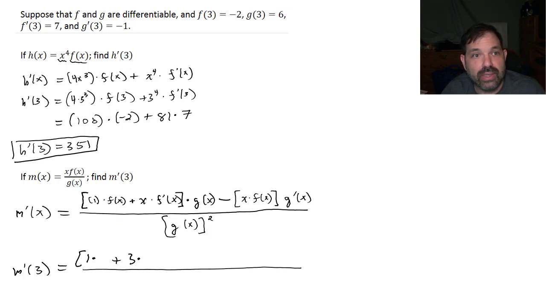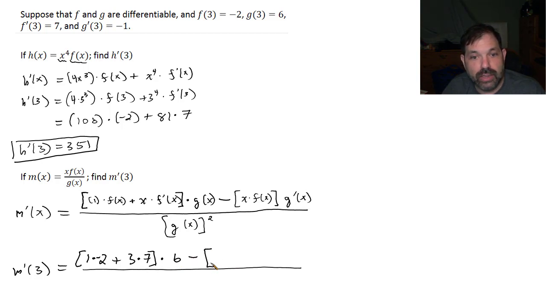F of 3 is negative 2. Sorry about that. 1 times negative 2. Plus 3 times f prime of 3 is 7. Times g of 3 is 6.